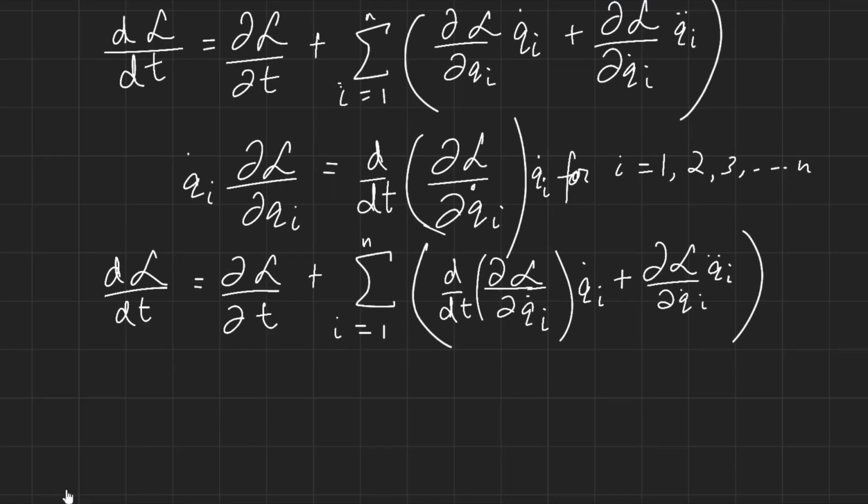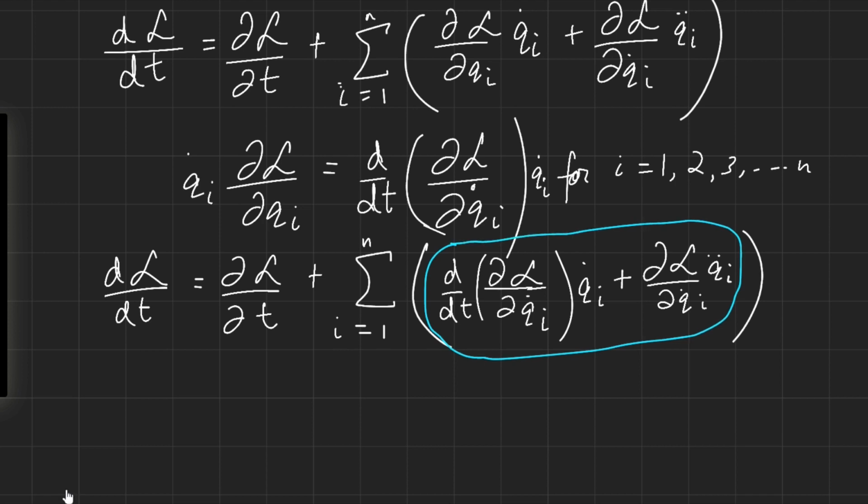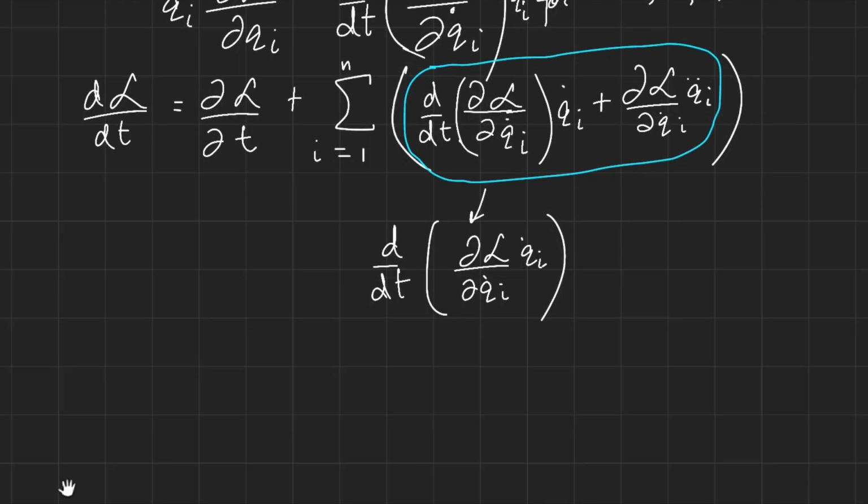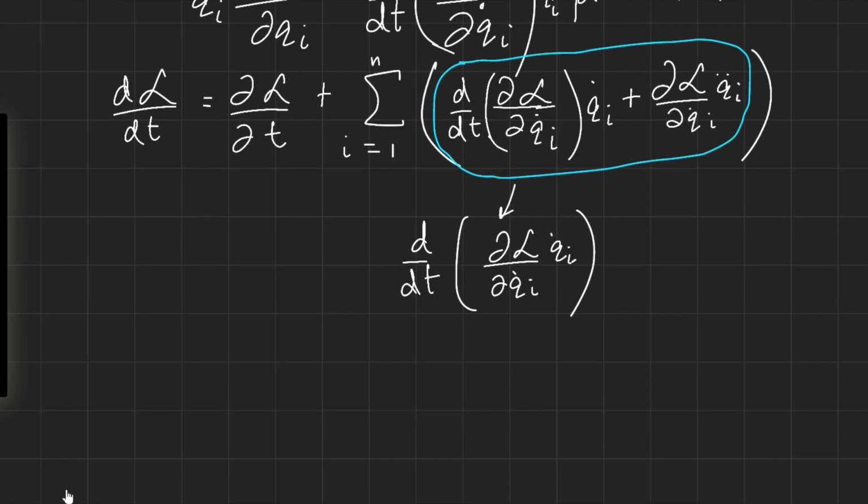Now, do you notice something here? Let's take a closer look at what we actually have. Some of you might instantly recognize this as an application of the product rule. How is that? Well, this is simply the derivative of partial L over partial qi dot times qi dot, and if you do apply the product rule for differentiation, you get the same thing. So we actually have quite an interesting expression now.